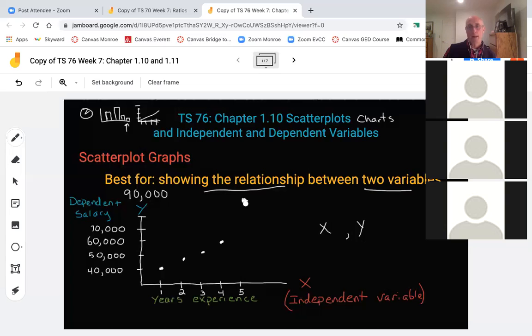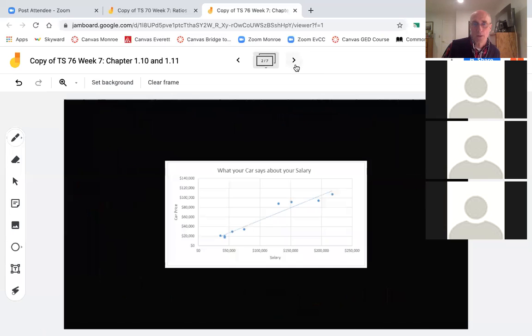If you work to the end of your 5th year, you're getting this much money, okay? At the end of your first year, the X variable is tied to a direct Y variable, 40,000. So it's a direct relationship, 1-to-1, the X to the Y. That's what we use scatter plots for in this kind of chart, to show how one variable affects exactly the Y variable, okay?